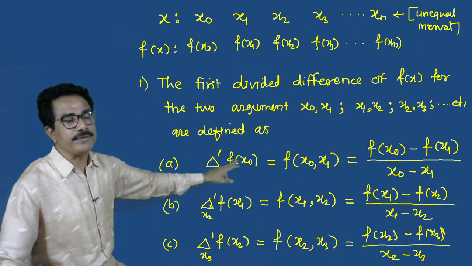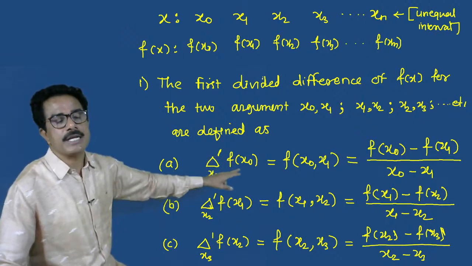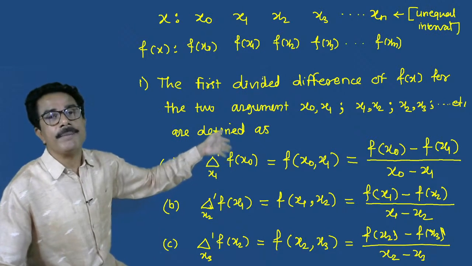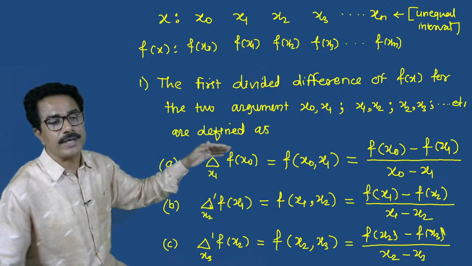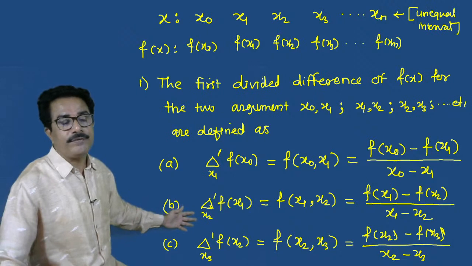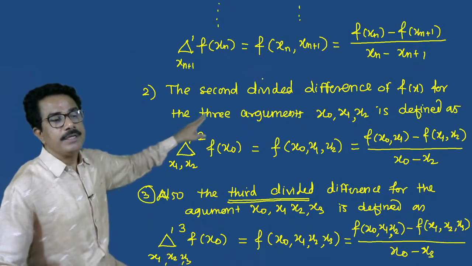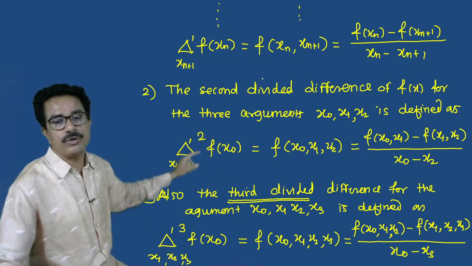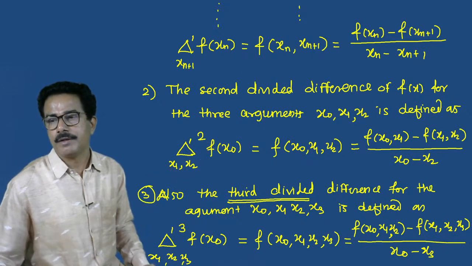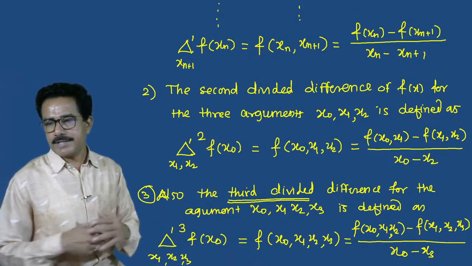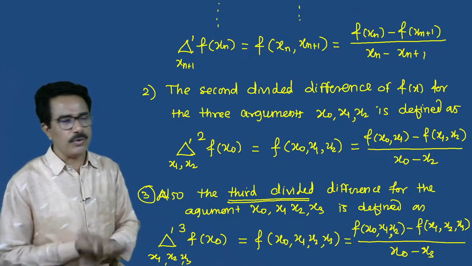So the first divided difference can be defined in such a way that delta dash f of x0 over x1, which is also denoted by f of x0 comma x1, is given by f of x0 minus f of x1 divided by x0 minus x1. In this way, this is the first divided difference. This is the second divided difference, delta dash 2 f of x0 over x1 comma x2. Okay.